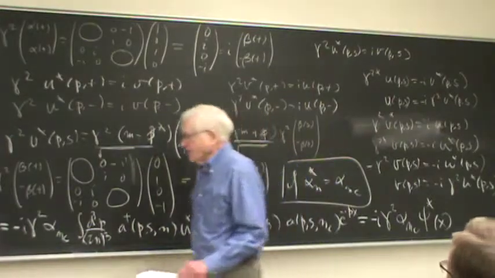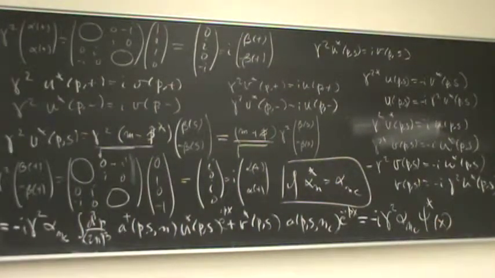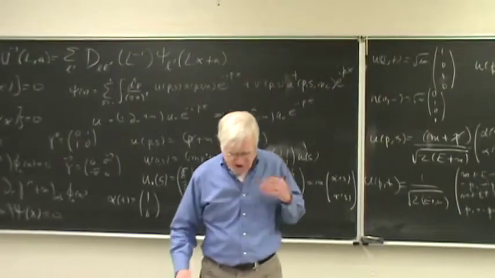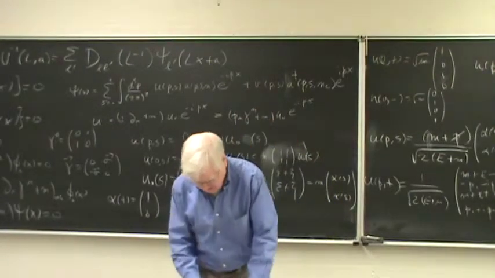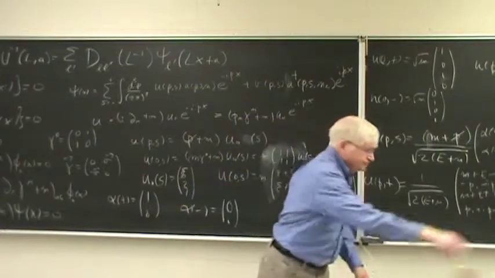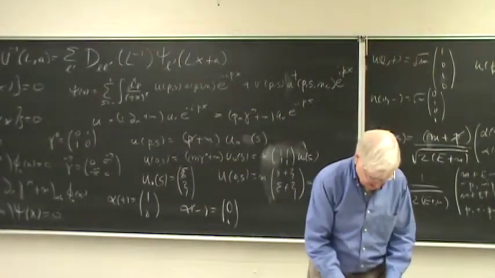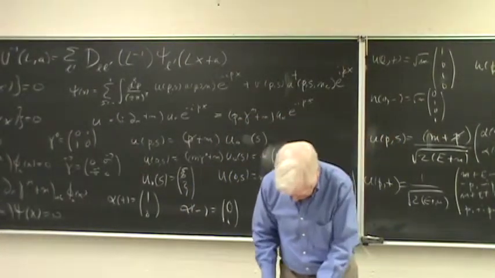Well, to show you that this makes perfect sense, let me go back to the basic Dirac equation of a particle of charge e and mass m interacting with an electromagnetic field.